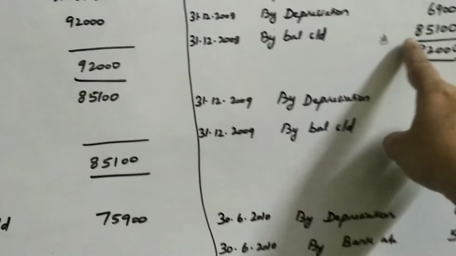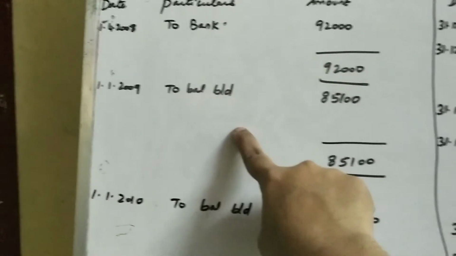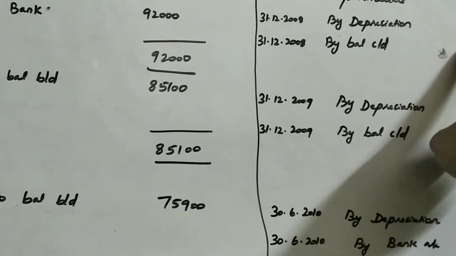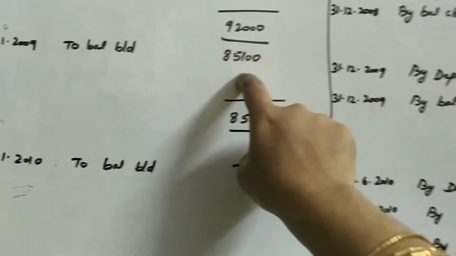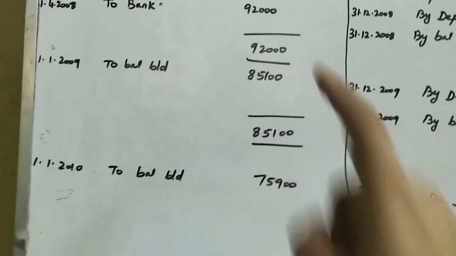Now, first year's closing carried down balance will be the opening for the next year. So on 1/1/2009, we are bringing this 85,100. So to balance brought down 85,100.